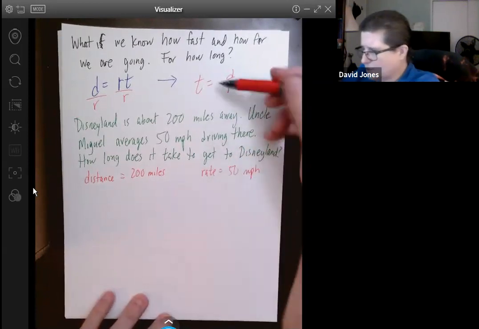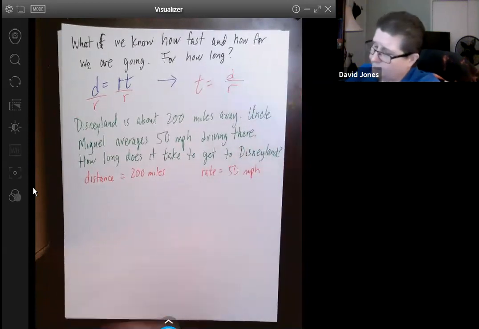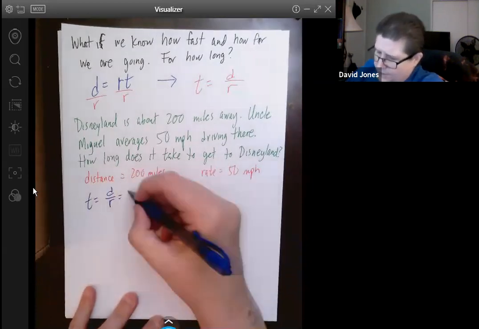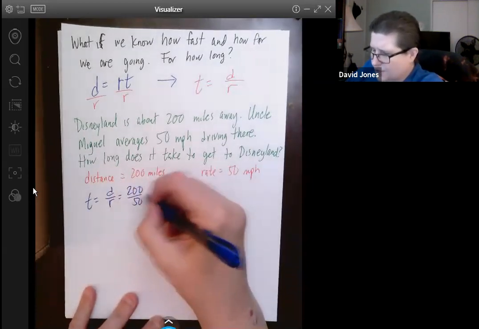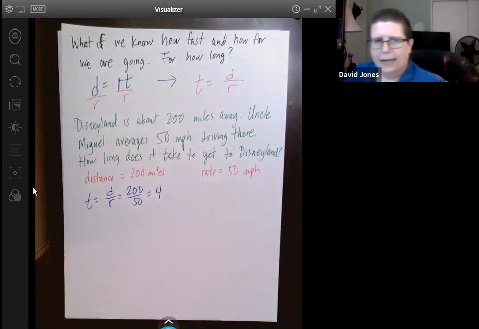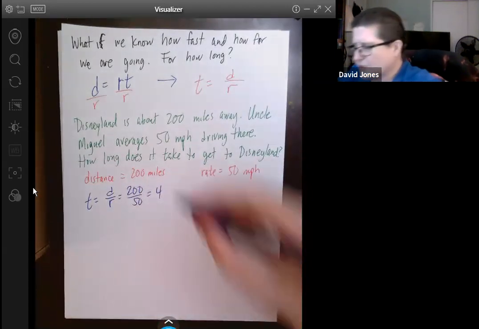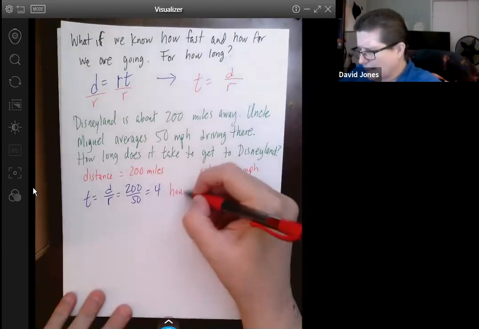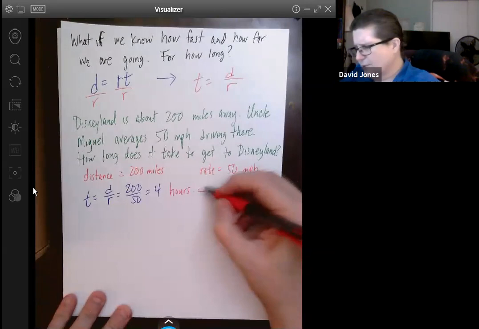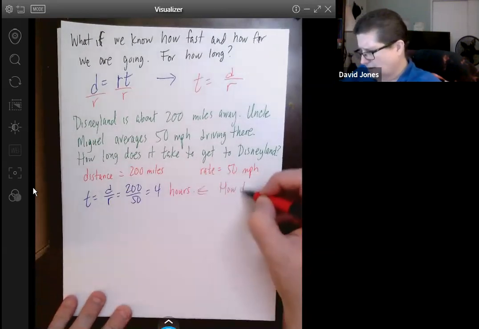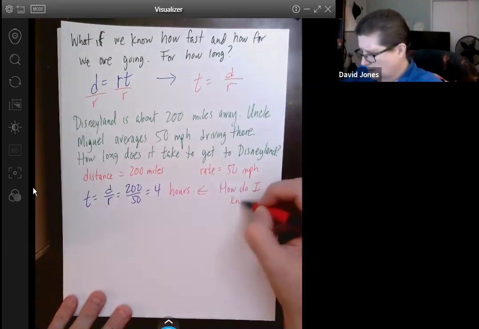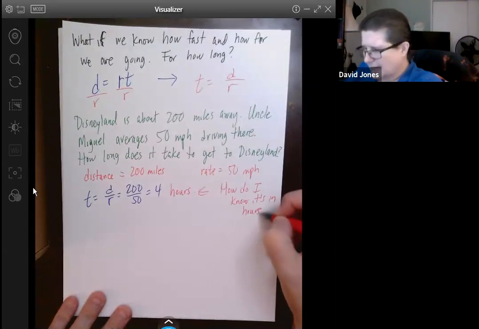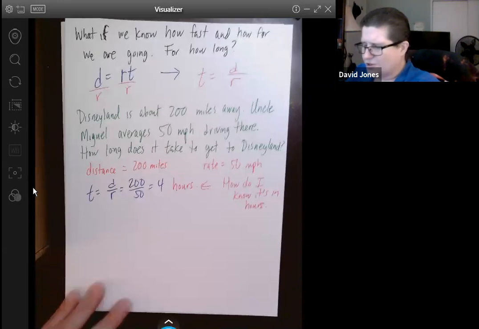And so I can use t equals d over r. 200 over 50, which is 4. Turns out it's 4 hours. How can I find that it's 4 hours, though? How do I know it's 4 in hours? I got 4. I got rid of the terms.